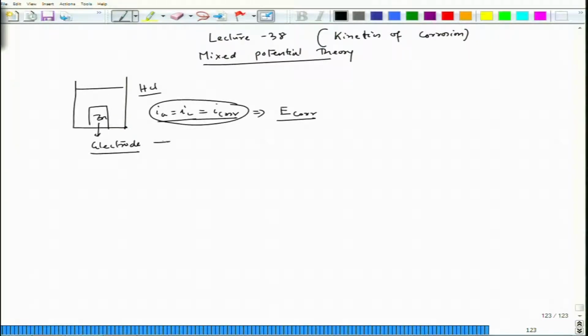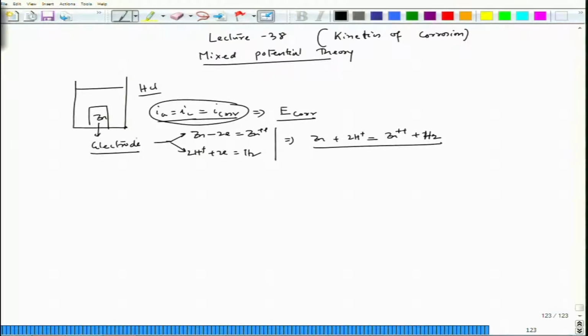and on it you have cathodic as well as anodic reactions: zinc minus 2e equal to Zn2+, and 2H+ plus 2e equal to H2. So, this leads to one redox reaction, which is zinc plus 2H+ equal to Zn2+ plus H2.